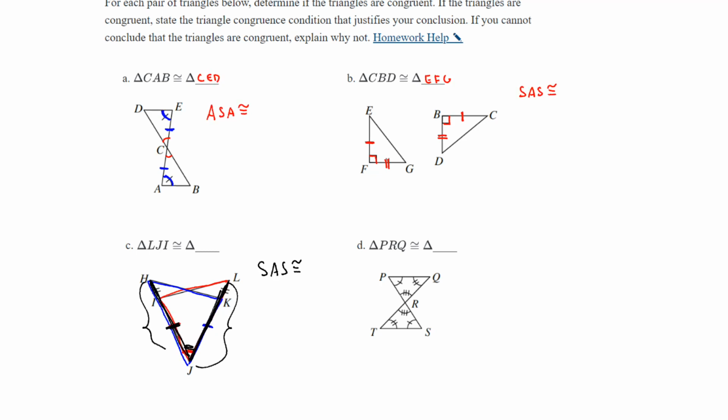Angle L will match up with angle H. Angle J is going to match up with angle J. And then I will match up with K. So triangle LJI is congruent to triangle HJK. Once again, kind of getting rid of some of this stuff so you can see the triangles again.